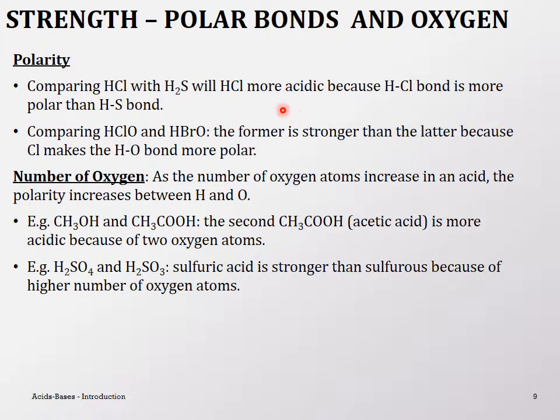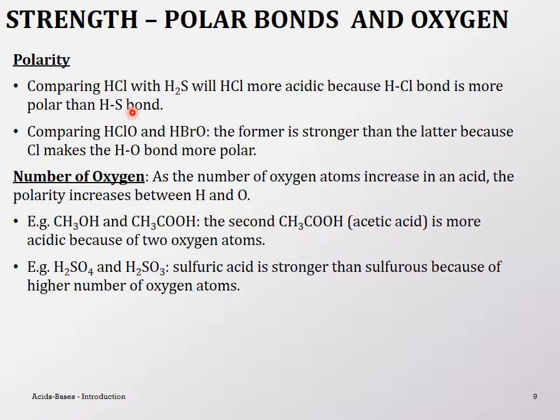Now let's look at polarity. For example, when you're comparing HCl with H2S, okay, then HCl is going to be more acidic because the hydrogen-chlorine bond is more polar than the hydrogen-sulfur bond. Now, it depends what you're comparing. If you're comparing things that are different in size, then you would use the bond strength.